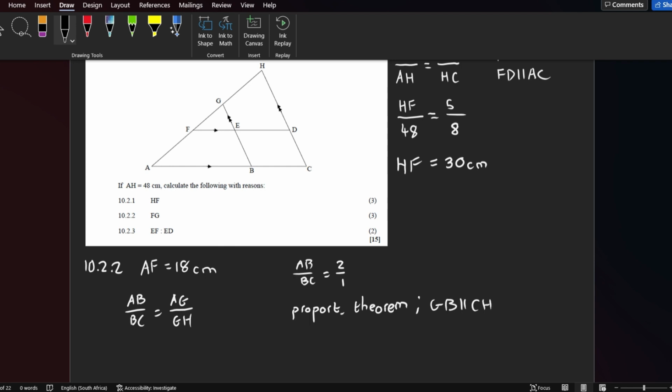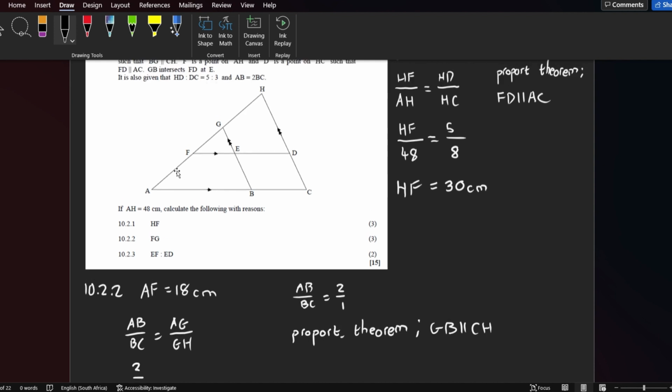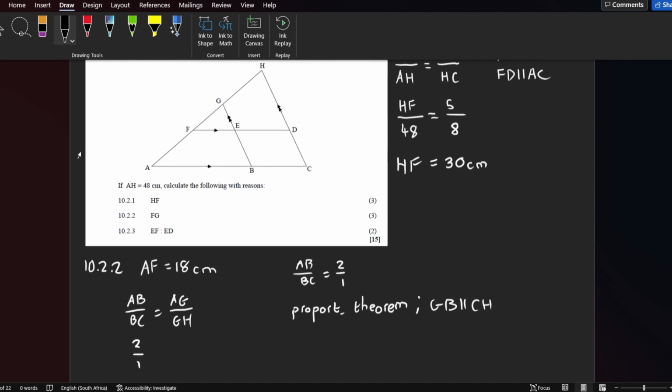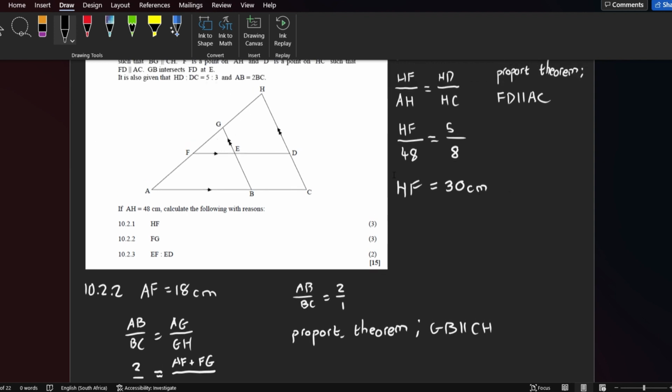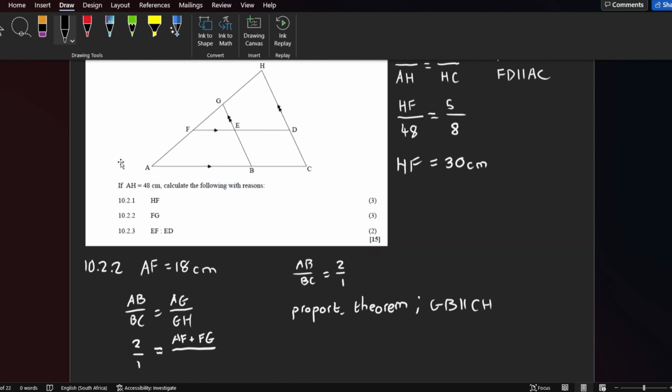Okay, now that we have stated that, we know that AB divided by BC is 2 over 1. Now we don't have the length of AG, but we can write it in terms of AF and FG. And why does that help? Because we want to calculate FG, and we have the length of AF. So AG is equal to AF plus FG, and GH, although we don't have that length either, is simply HF, which we calculated, minus FG.